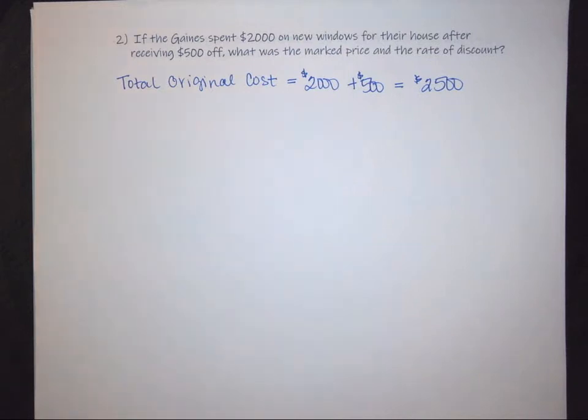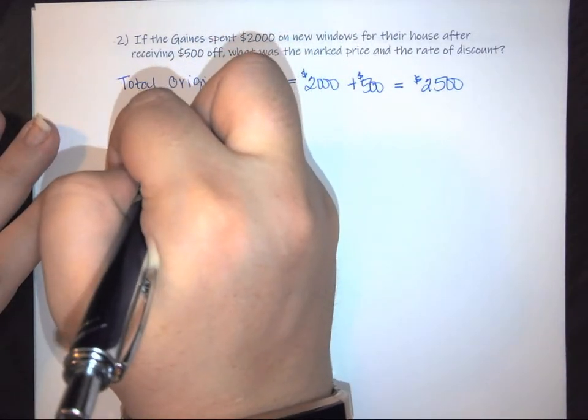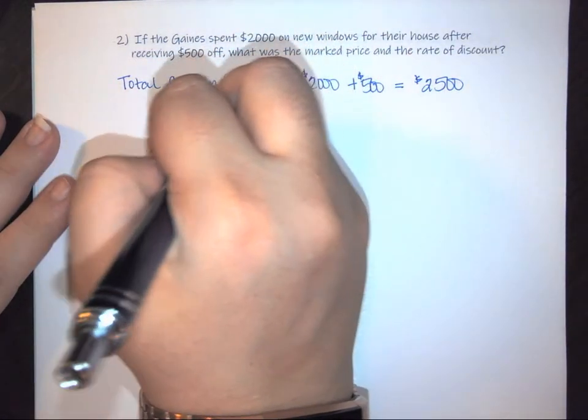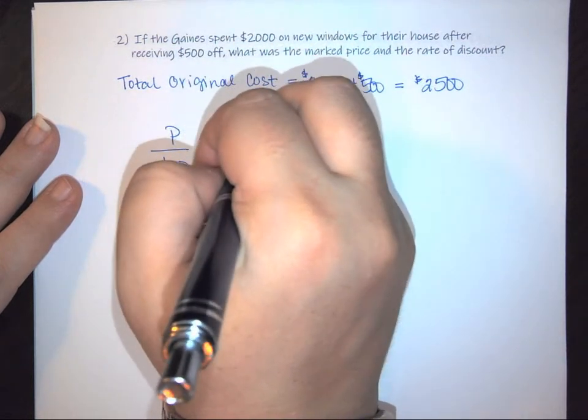Okay? Now with that, we need to figure out what was the percent off. And so here, we would have percent over 100 is going to be my discount, 500, over my total, 2,500.